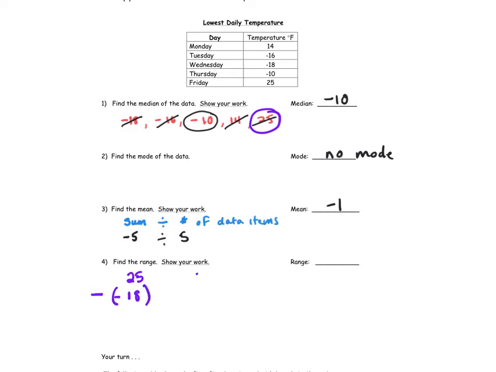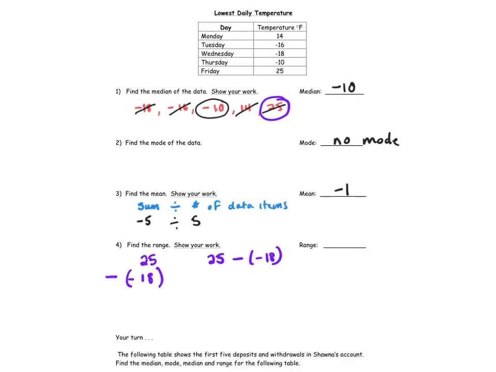And if you do this without the calculator, I'd probably write it this way, which reminds us in the past, if you remember using keep, change, change, or add a line, change the sign, we might do something like this. We might keep, change, change, which means we keep the 25, we change the minus to a plus, and we change the negative 18 to a positive 18.